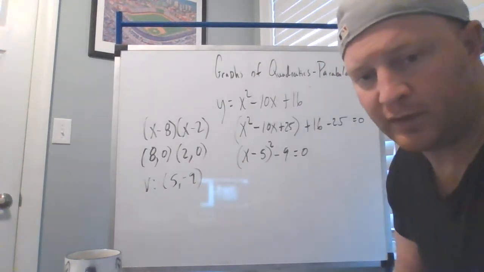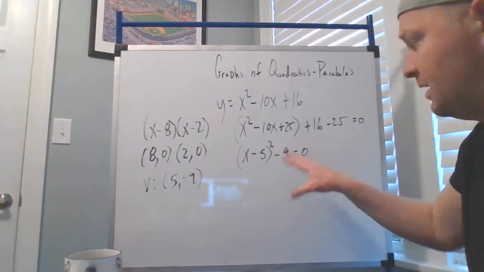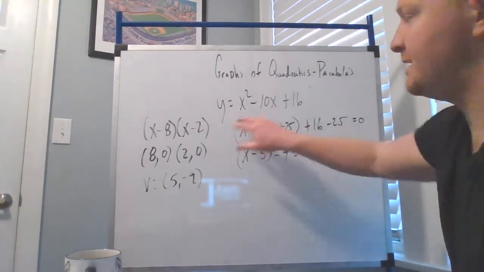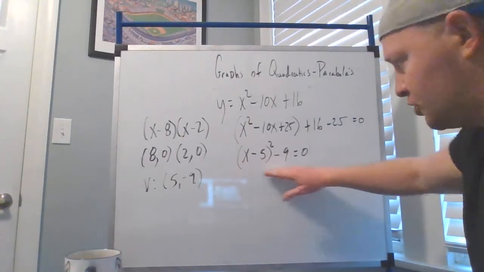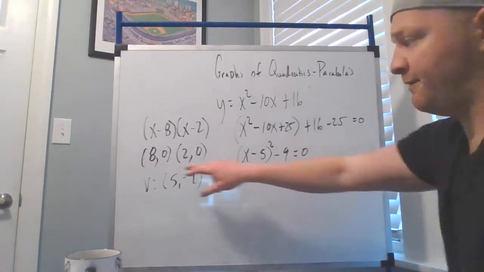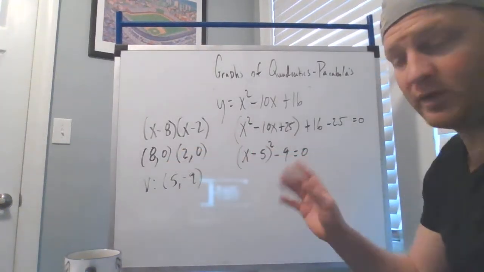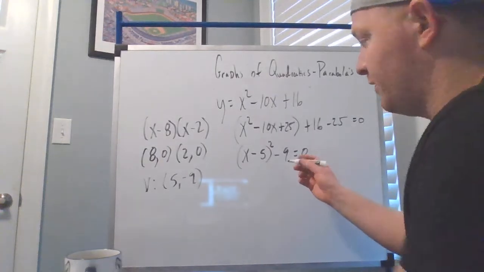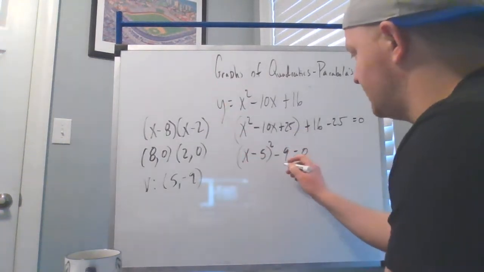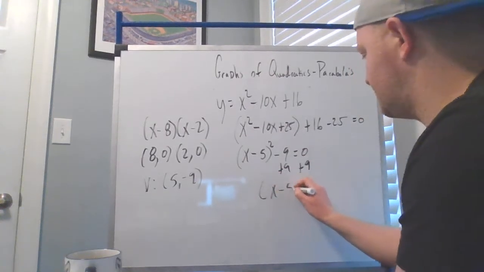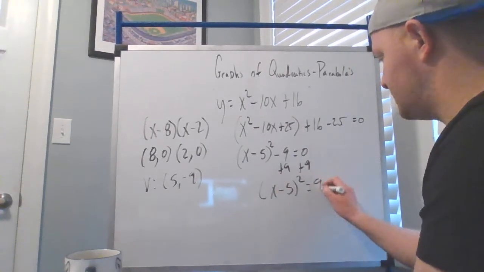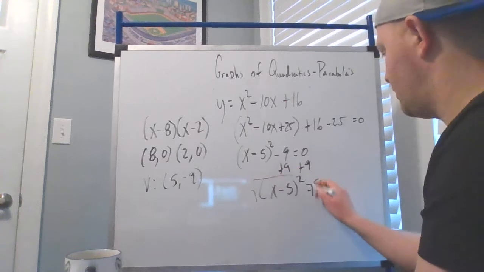Here's the other way. If I didn't see it that quickly, which is totally fine, I could just go straight from completing the square to find my solutions as well. You could always do this if you want. So let's solve this, and I'll erase this in just a minute to get a clean slate. I'm going to add 9, so now this says x minus 5 squared equals 9. Square root both sides.